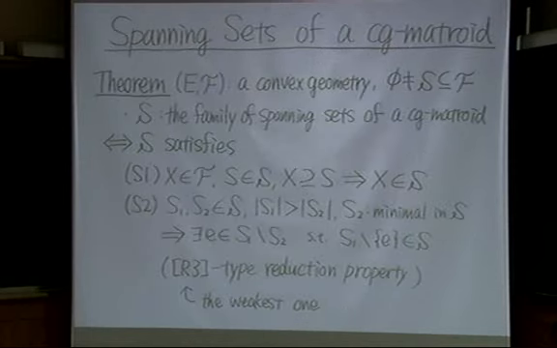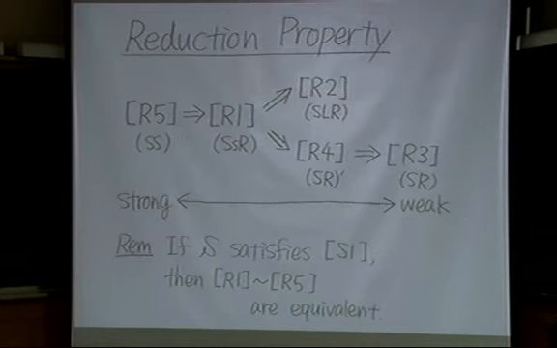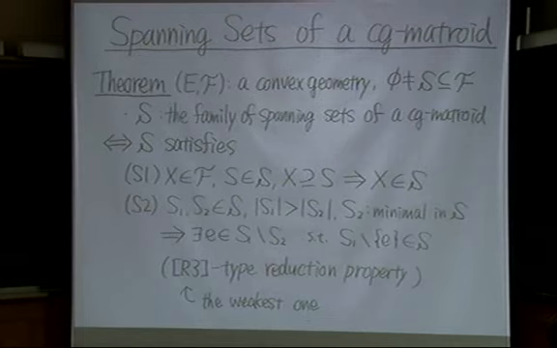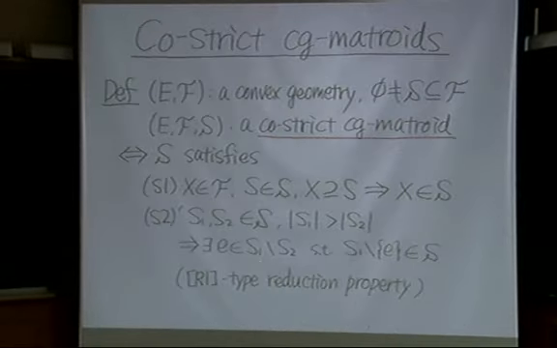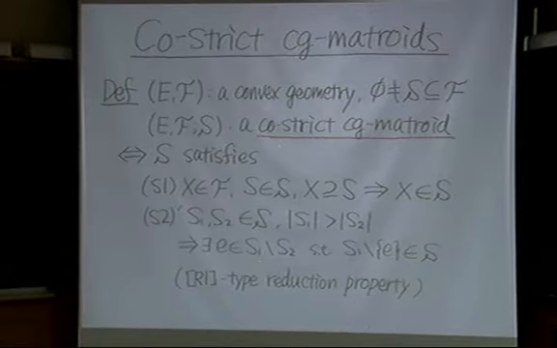But in the CG matroid case, we can characterize the family of spanning sets by the weakest reduction property, R3 type. We didn't explain the detail, but we can characterize this one. And in this case, we also define some subclass similarly by using a stronger reduction property. Here we use R1 type reduction property.